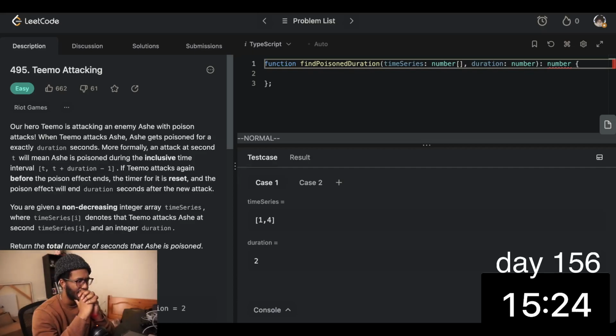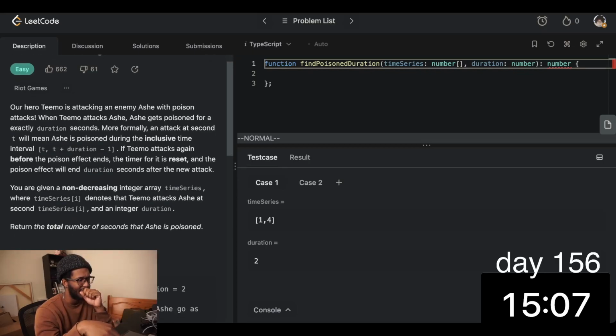You are given a non-decreasing integer array time series, where time series sub I denotes that Teemo attacks Ashe at second time series sub I, and an integer duration, which is the duration of the poison. Return the total number of seconds that Ashe is poisoned.